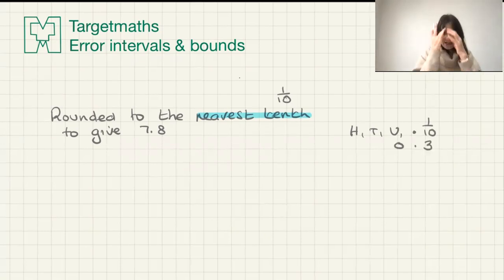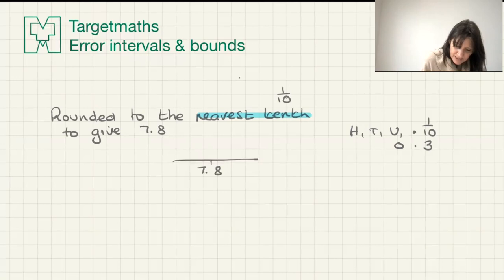And they are likely to do this type of thing because it is at a higher level. It's at the end of a GCSE paper, or near the end. So they are likely to write it in a way that's really going to test your knowledge of our number system. So now we know it's 1 decimal place, we would do our number line.